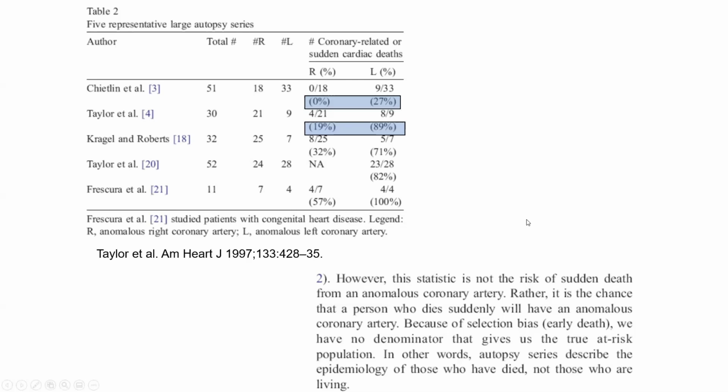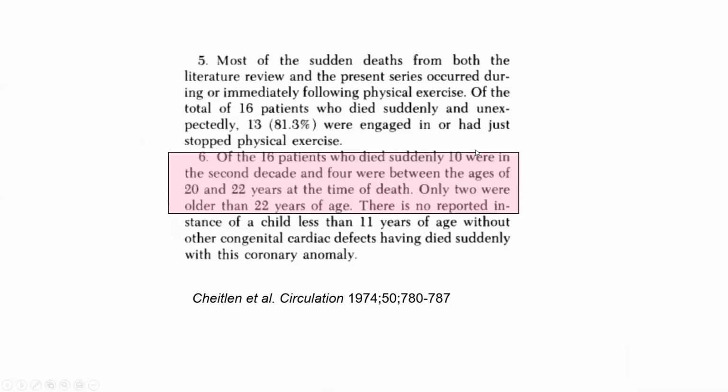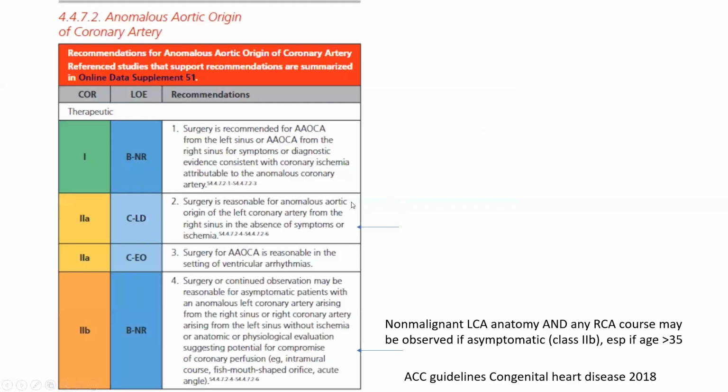So we don't know the absolute risk, but it's probably not very high, okay? And the guideline insists on the age. Actually, based on those autopsy series, sudden death almost always occurs in young patients less than 30 or 35. And those are the guidelines.